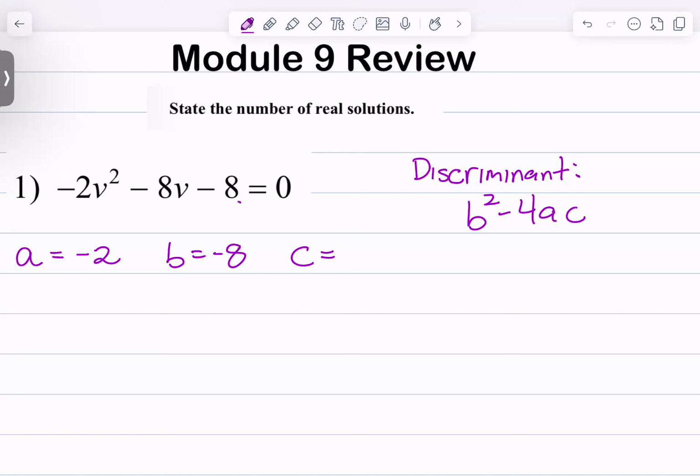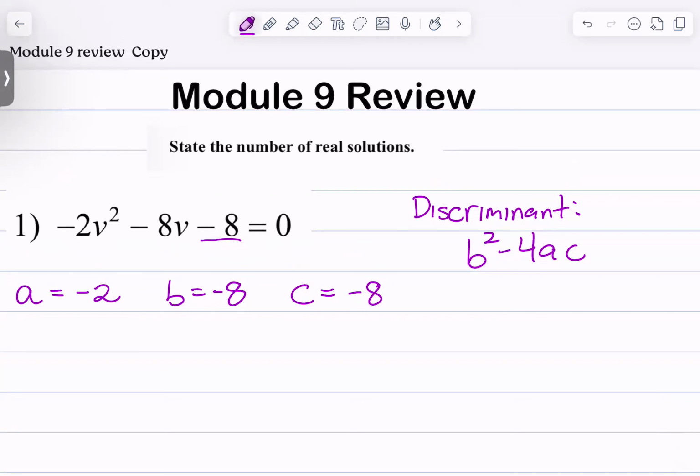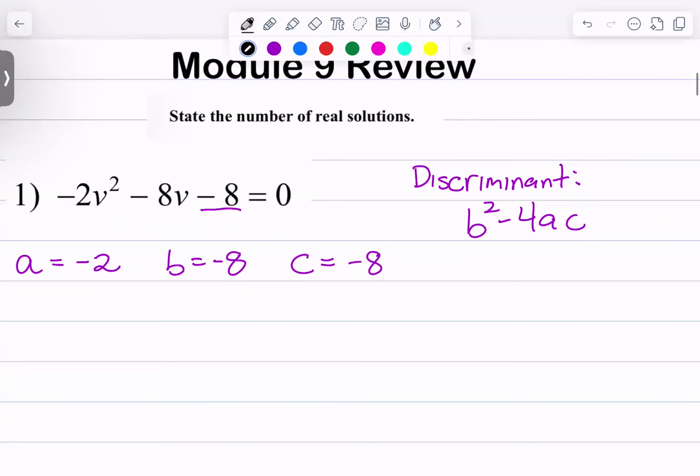And my C value is my constant, which is also -8. So with that, I'm going to plug it into b squared minus 4ac. So b squared is -8 squared minus 4 times -2 times -8.